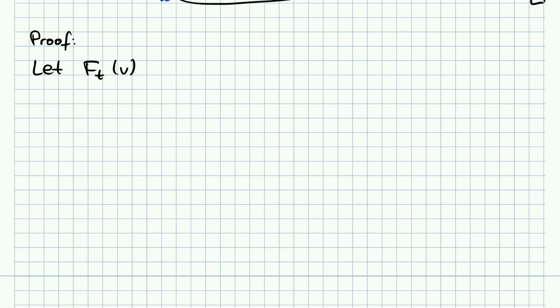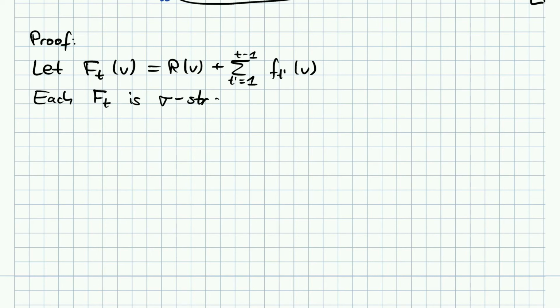Let F_t(v) be R(v) plus the sum of all f_t' before time t. Now each of these F_t is strongly convex, sigma strongly convex, because this R is.